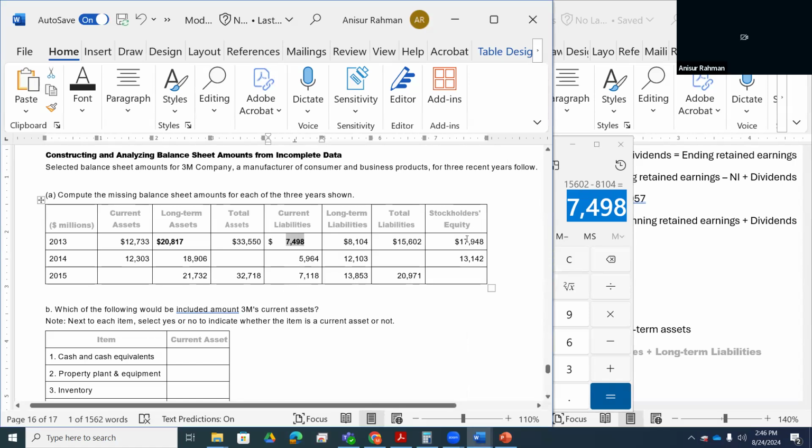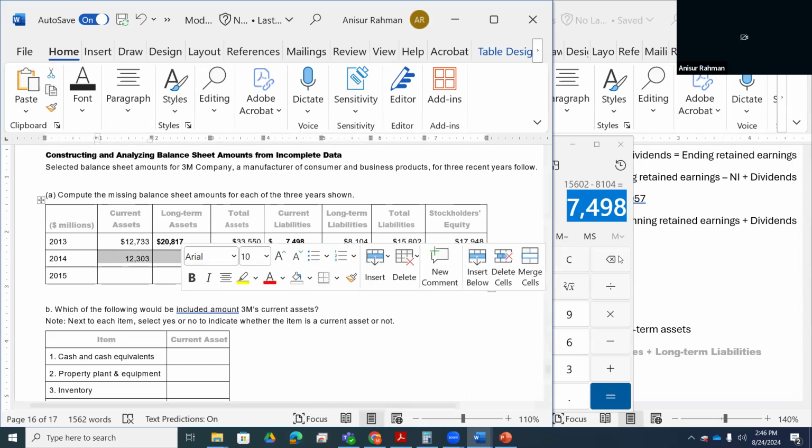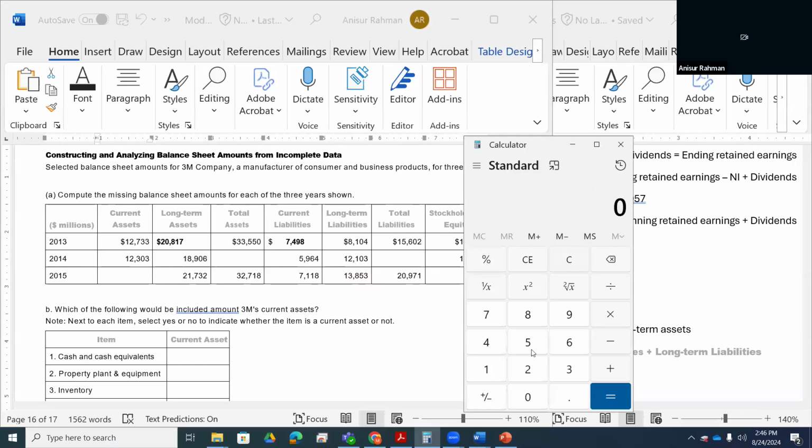Okay. Now in 2014, we need to find out total assets. We just need to add these two. $31,209.